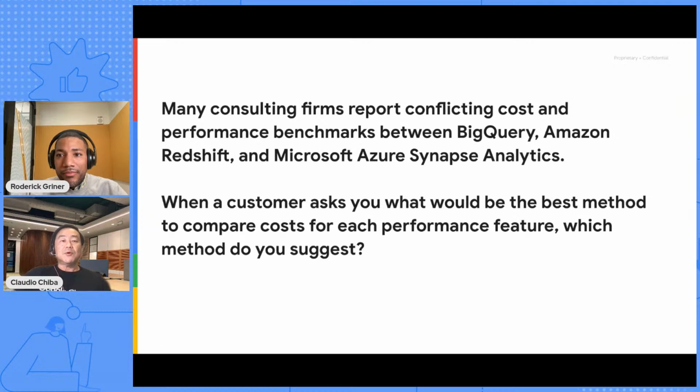I think we can approach it from two perspectives. First, there is a report created by Enterprise Strategy Group. If you search for ESG, Google BigQuery versus alternative cloud-based enterprise data warehouse solutions, you will find a report that compares all the solutions available in the market.